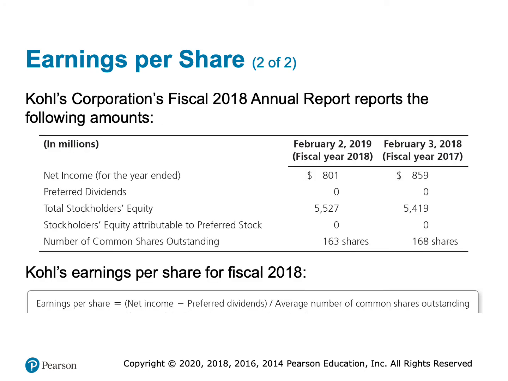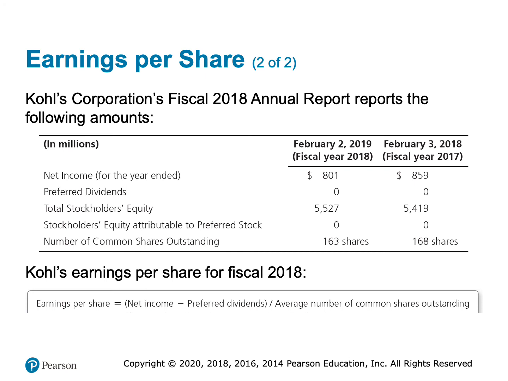So to calculate earnings per share, and we're given some data for Kohl's Corporation, you're going to take the net income for the year minus any preferred dividends. Earnings per share is only reported for common stock. So if we paid any preferred dividends, we subtract that out. If we didn't pay preferred dividends, then that's just zero, like in the example here, so we don't have to subtract that out. And then we divide it by the average number of common shares outstanding.